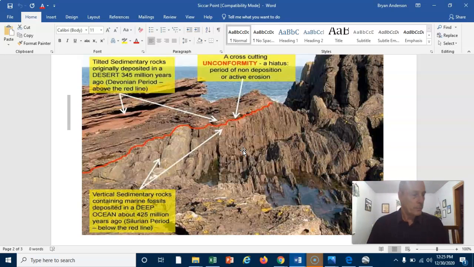Well, if you look in your notes, the principle of uniformitarianism says that the laws that govern our world today are the same as those that governed the world when these rocks were deposited. Some people will have real problems with this law of uniformitarianism.